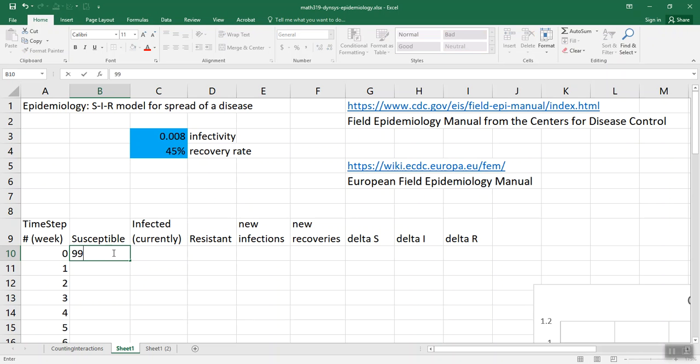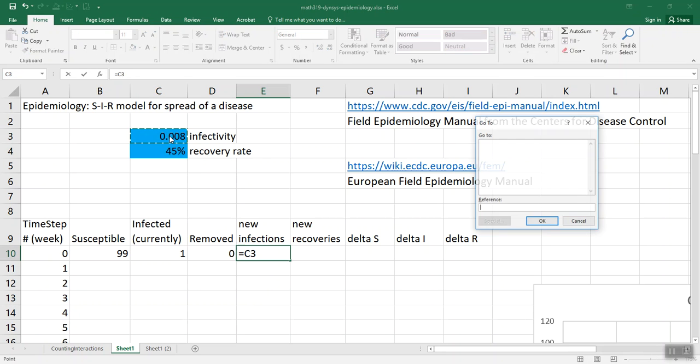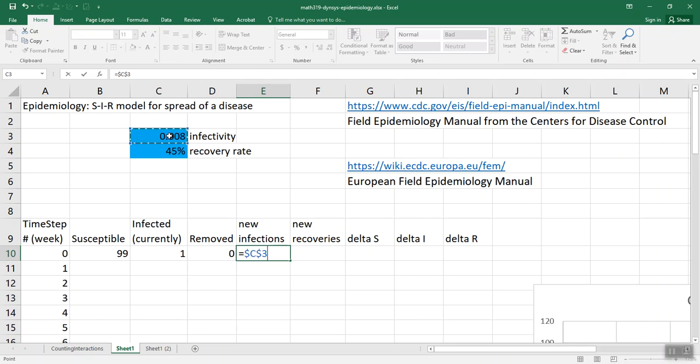So we could say let's have 99 susceptible people, 1 currently infected, and 0 resistant or removed people. And I have my infectivity constant here and my recovery rate. So my number of new infections is my infectivity times number of susceptible times number of infected.